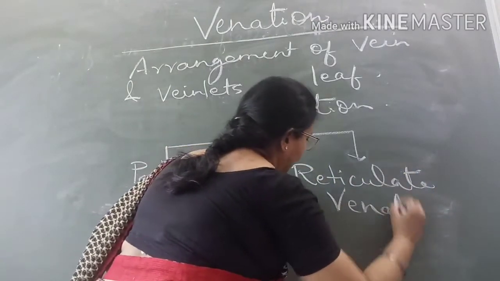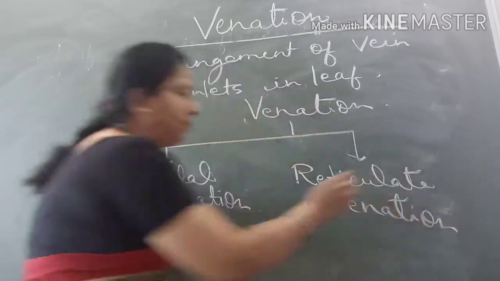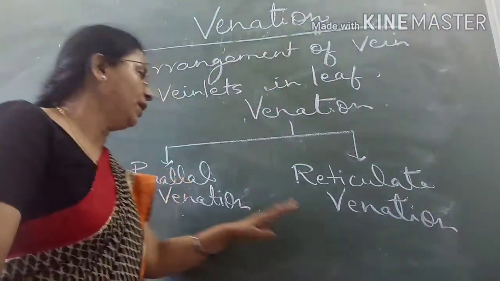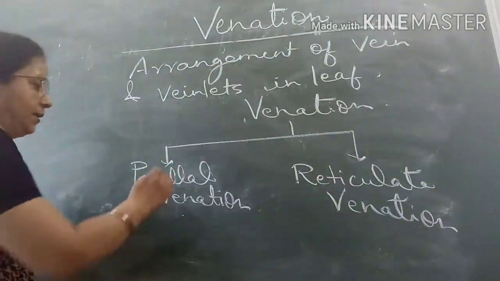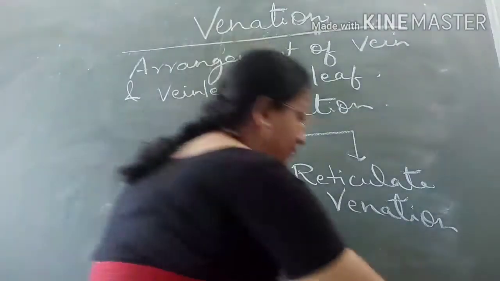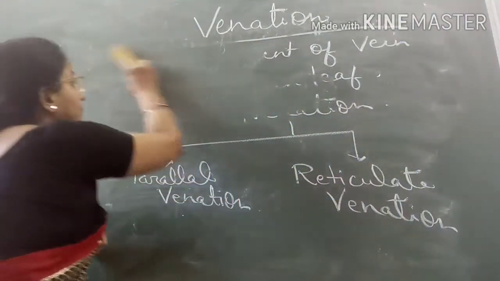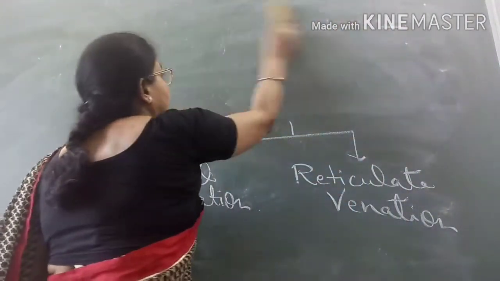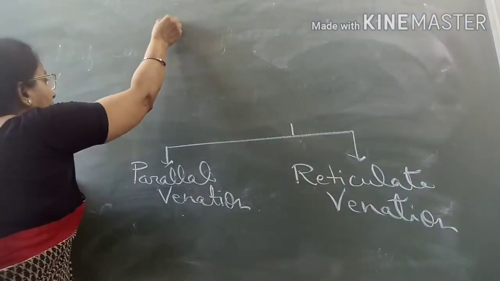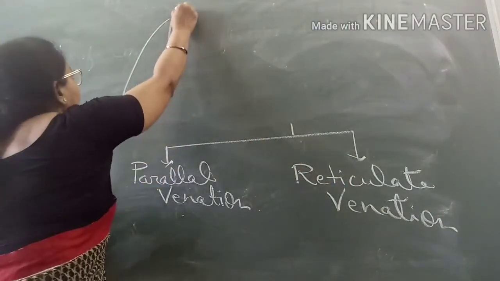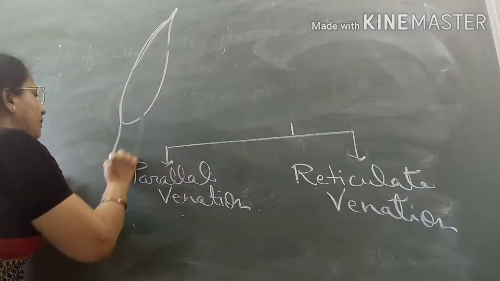Reticulate venation. What is the difference between these two? Actually, the difference is in the arrangement. When you see parallel venation, you will find this type of structure. Look here. Suppose that this is a leaf.